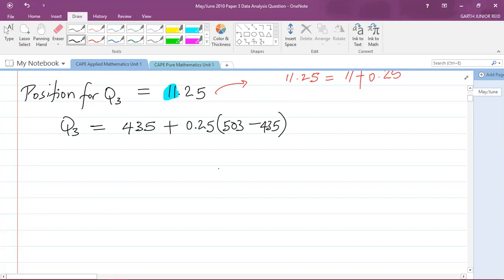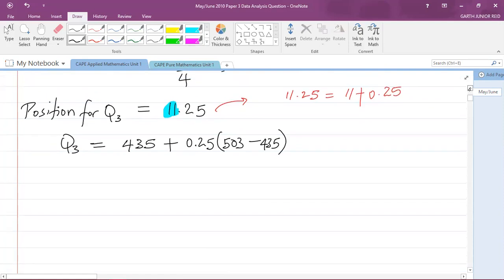That's how we calculate it. So we've identified the 11th position as 435 plus the 0.25 that is remaining, and we multiply that by the number which comes after the 435, minus 435.